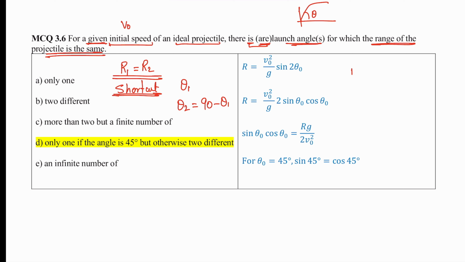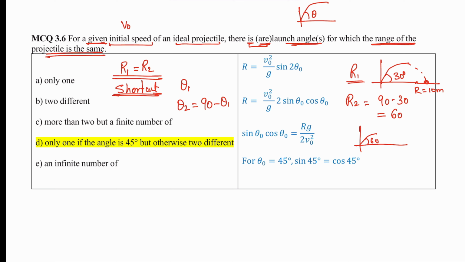Let's say range 1, okay, you throw something like this with an angle of 30 degree. Then for R2 it should be, I told you, 90 minus 30. If you send another body with 60 degree, let's say the first covered a range of 10 meter, then the second also covers range 2 of 10 meter.